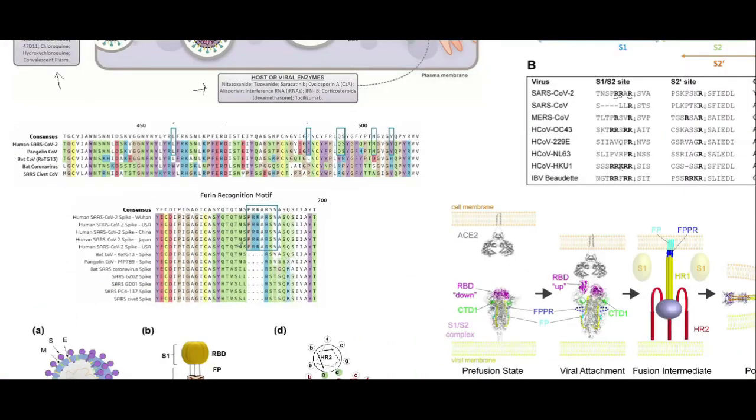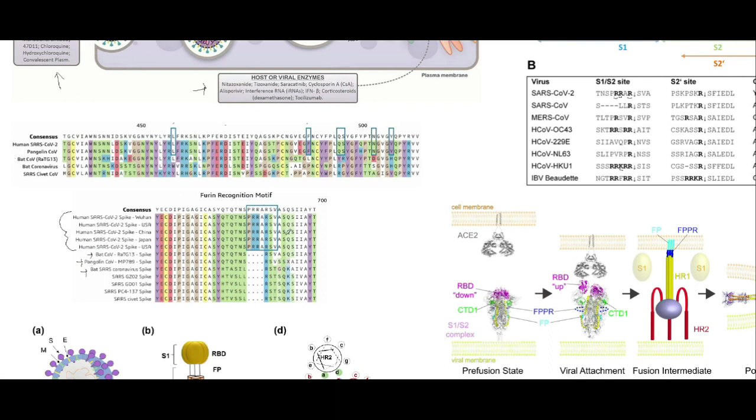So down here we have the furin recognition motif. Once again, you can see all these arginines here. And so this insertion here, this PRRA insertion, is actually what identifies the SARS-CoV-2 furin motif. And so it's this insertion that scientists think is what caused the SARS-CoV-2 to jump from the bat and the pangolin versions to humans.